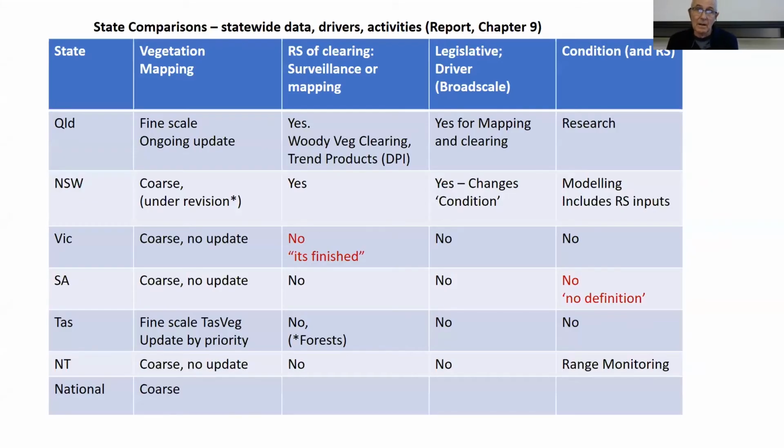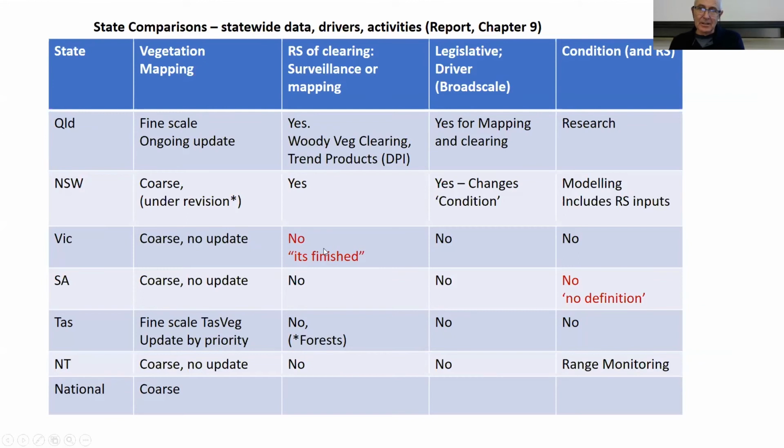So I've been through the examples. The report has quite an interesting section on comparison of state practices. I don't have time to go through it now, but there are some interesting comments. The South Australians just said, look, no one has a working definition of condition. We're not putting any effort into it till there's a convergence of ideas about that.